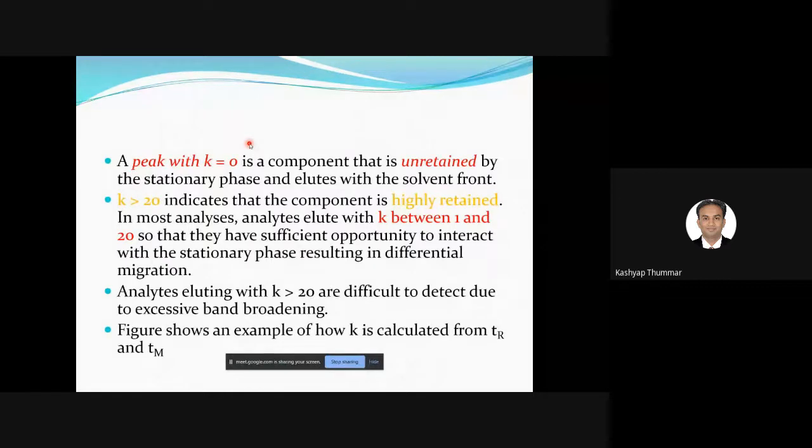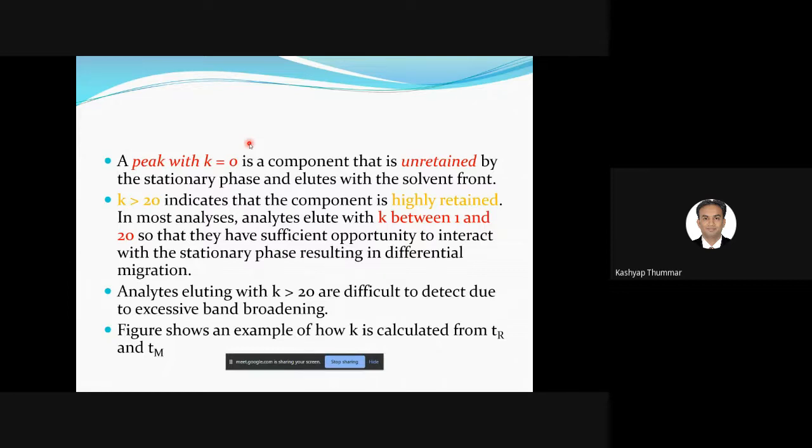So the first case is 0, which means no separation. If K is greater than 20, it indicates that the component is highly retained. Highly retained means the retention time is too long, which is generally not acceptable for any analyte.